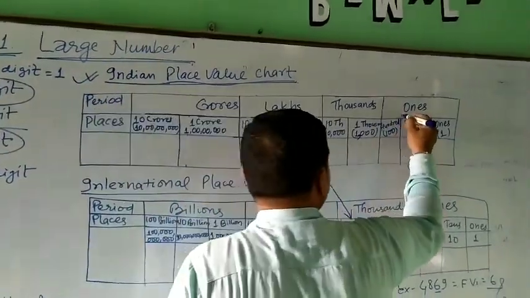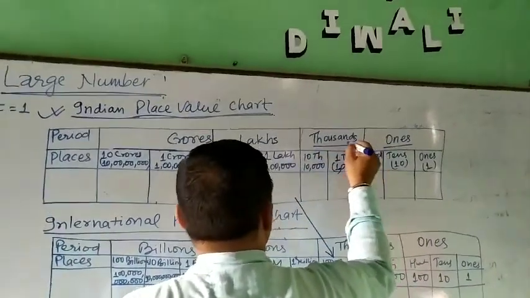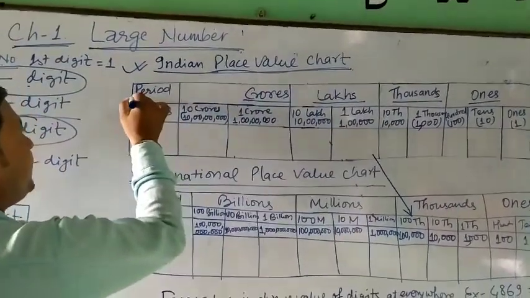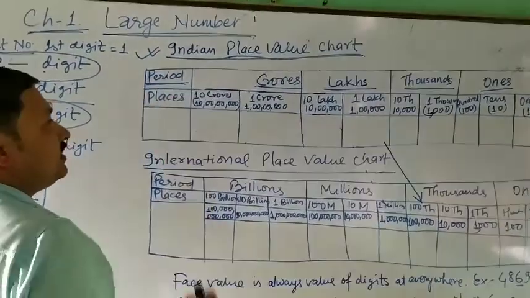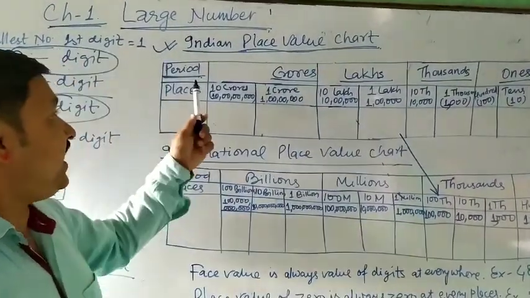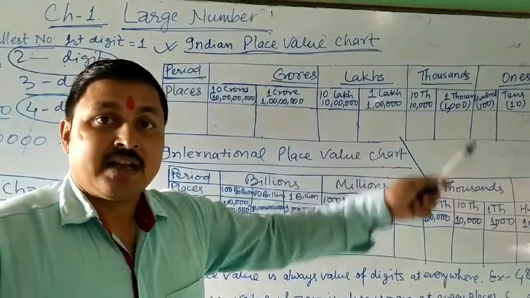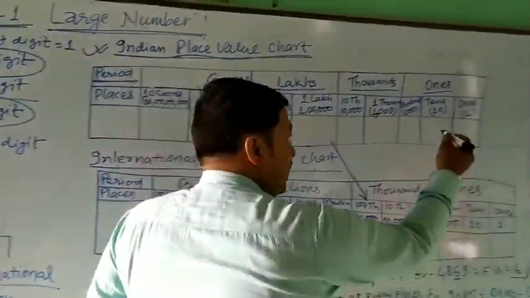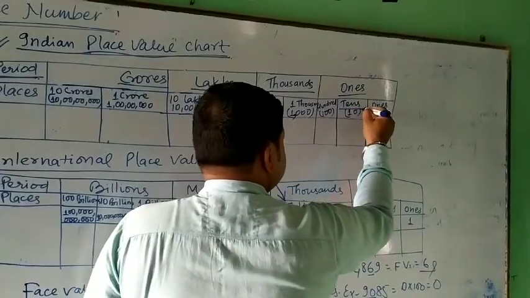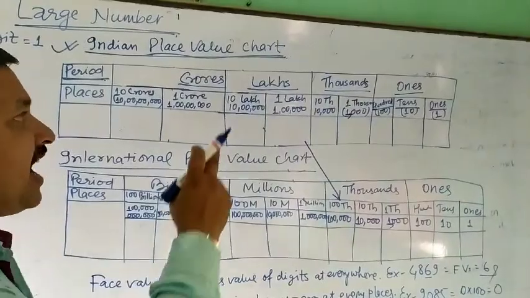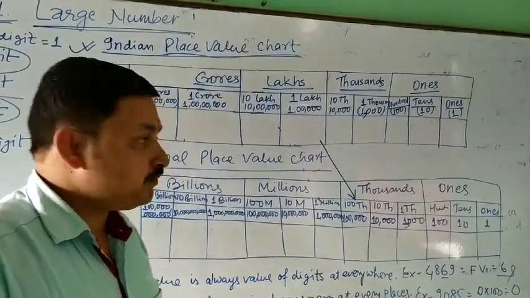ones, thousands, lakhs and crores are called periods. In the ones period, there are 3 places, that is ones, tens and hundreds.